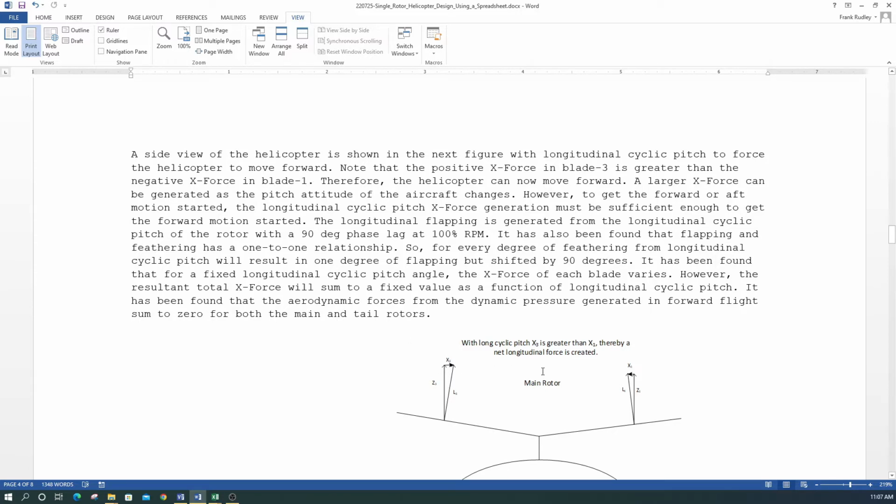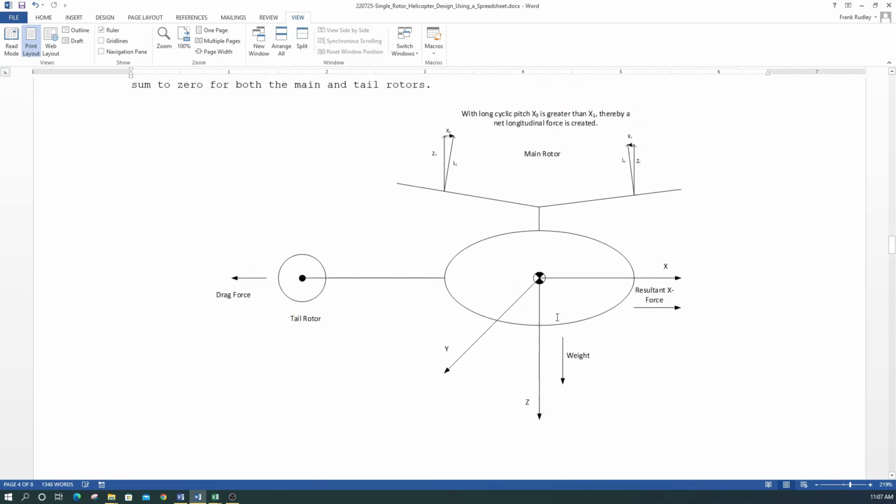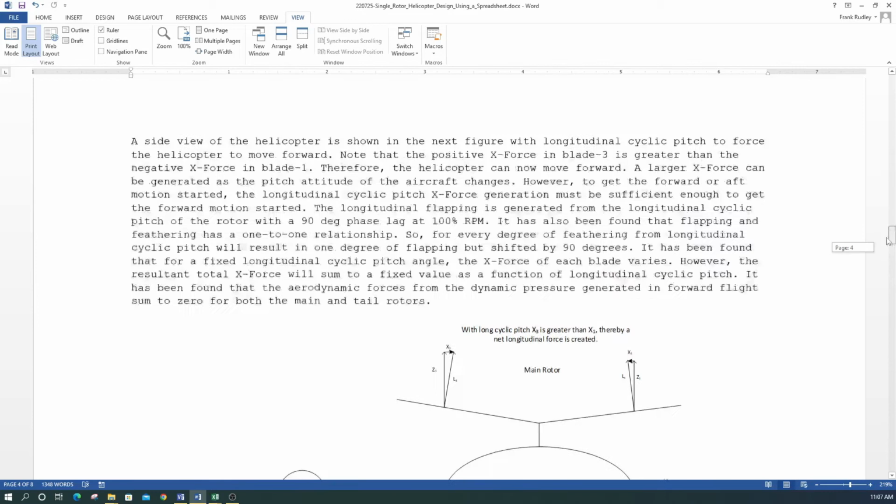So we call this a positive force because it's going in the positive X direction, and we call this a negative force because it's going in the negative X direction. Therefore, the helicopter can now move forward.